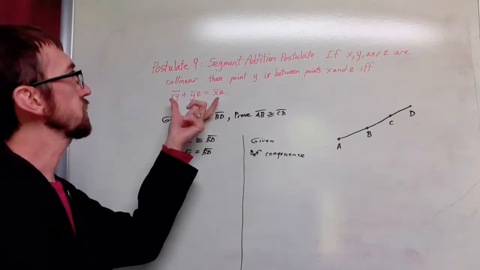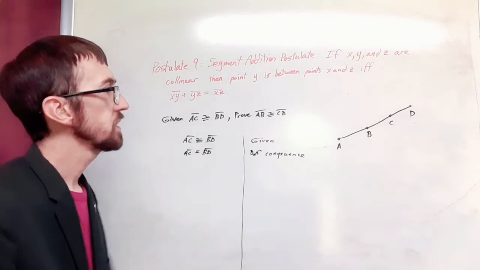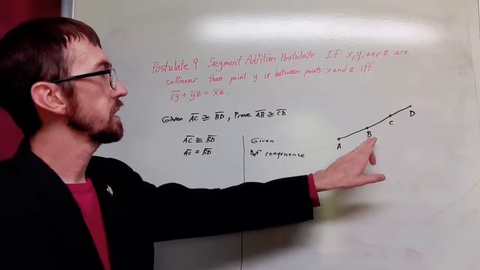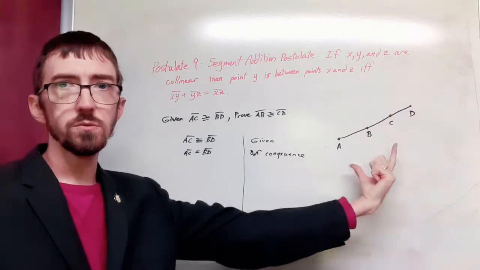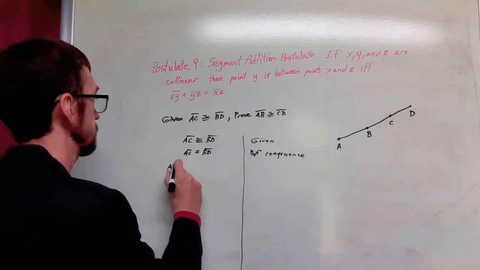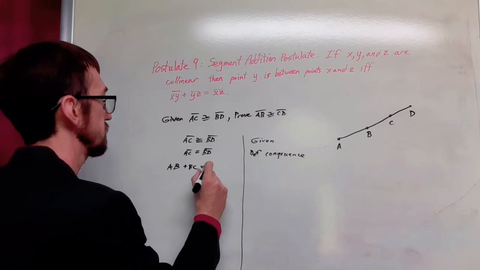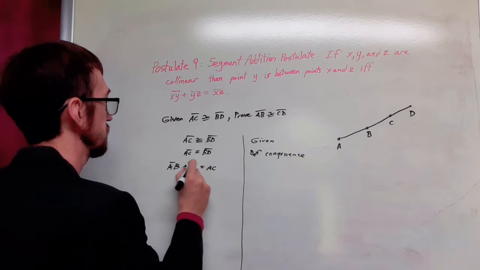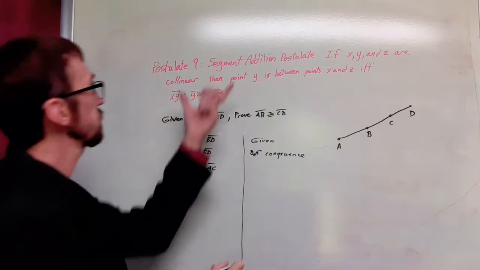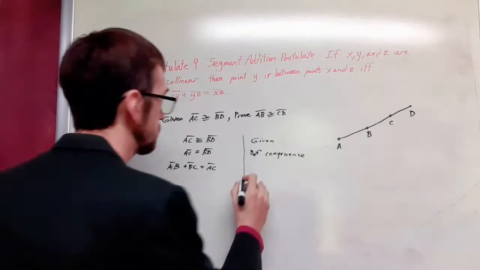And then I'm going to start using this new postulate to make some statements. So I can say that AB plus BC is going to equal AC. And we're using this postulate, the segment addition postulate.